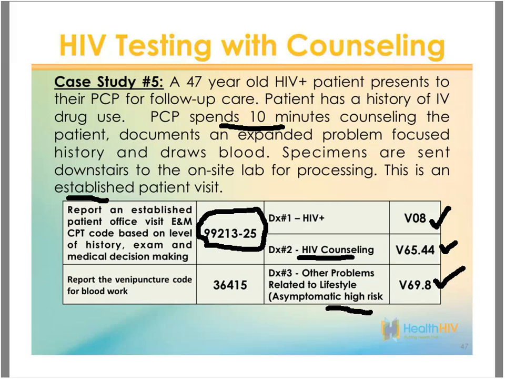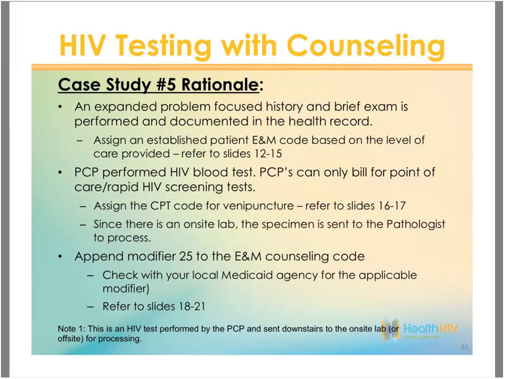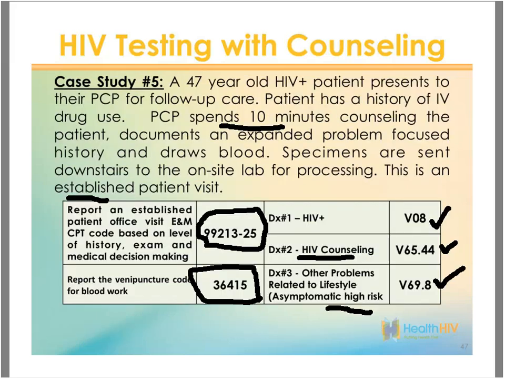Blood work was drawn, so we used the CPT code for the blood work, and the rationale is here on this slide for you. Expanded problem-focused history with a brief exam was documented in the record. That's the reason for the E&M code in this particular case, 99213.